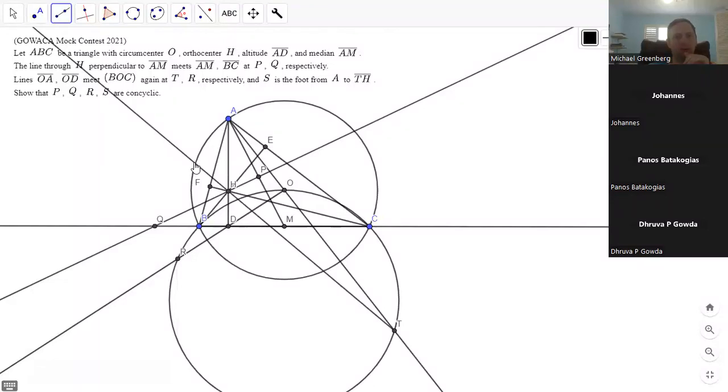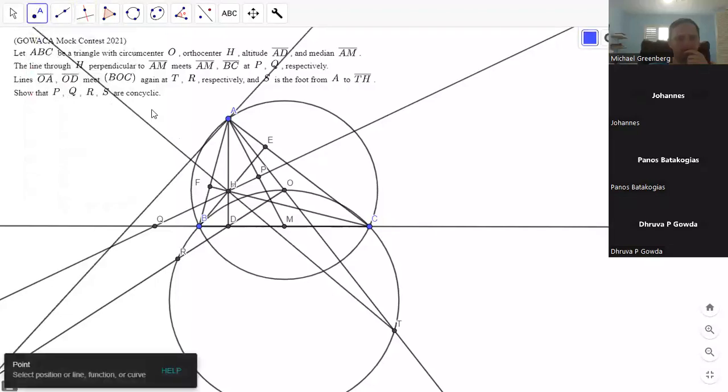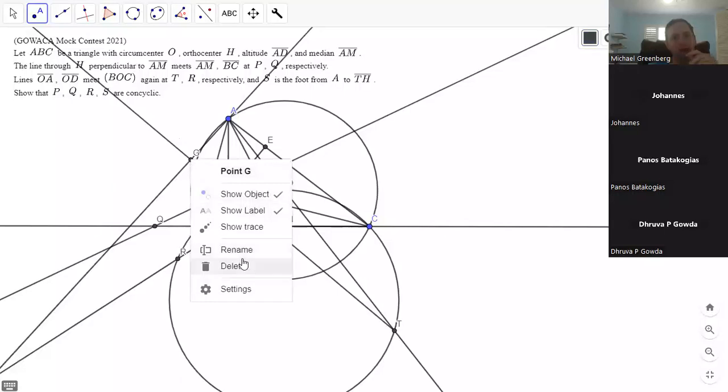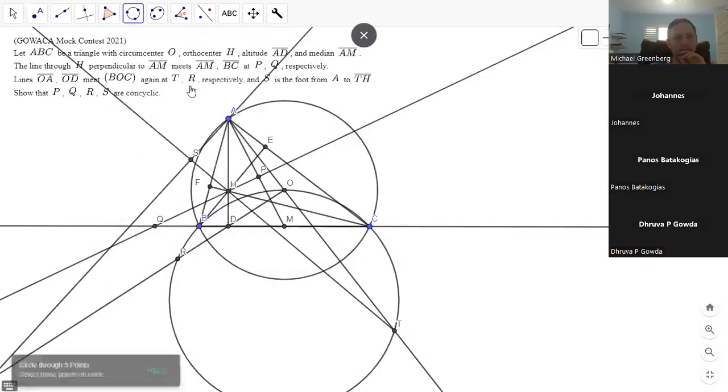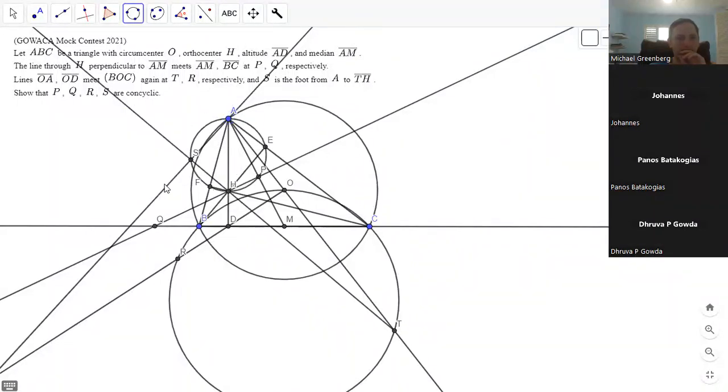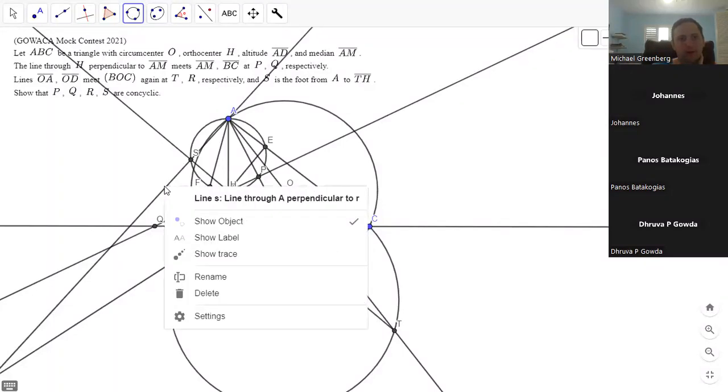So is it this point right here? I think it is, right? Because AFHE has to be cyclic. No, actually, I got confused. It lies on that circle, but it's not on the circle ABC. Okay. We want to show that PQRS is cyclic.